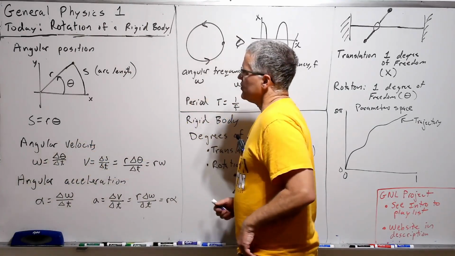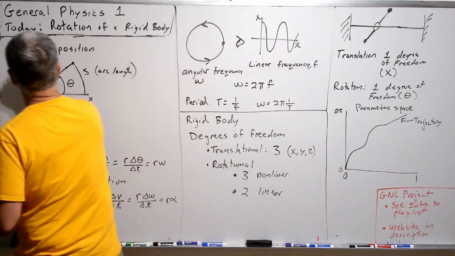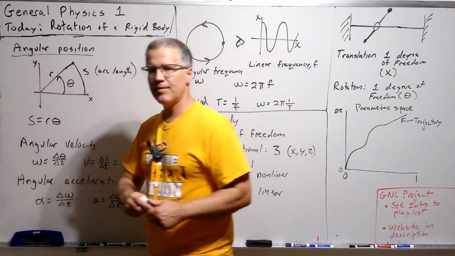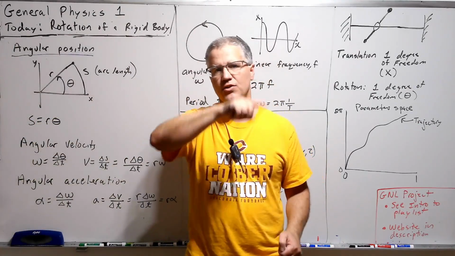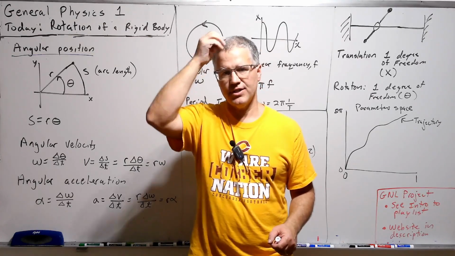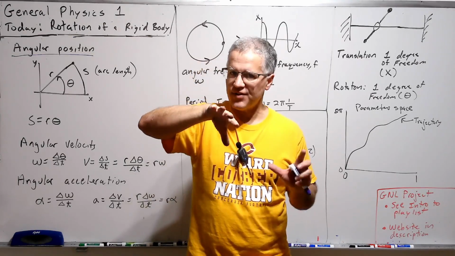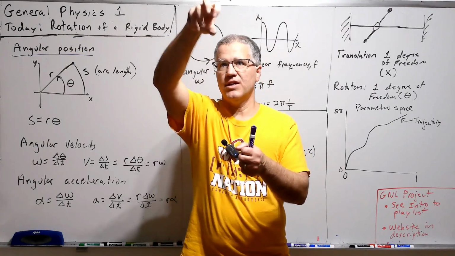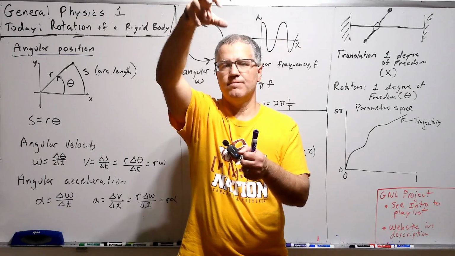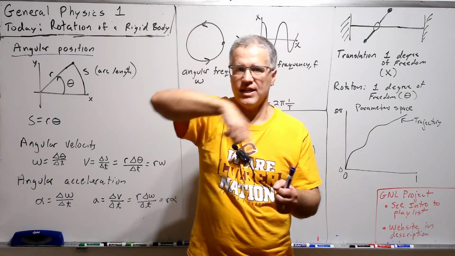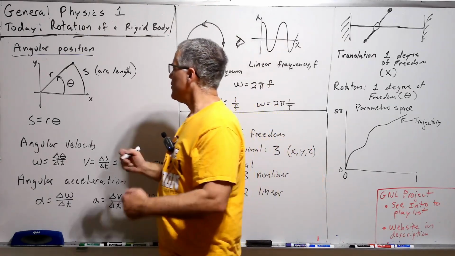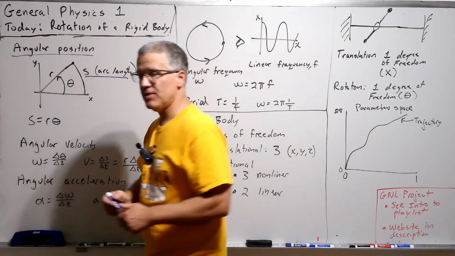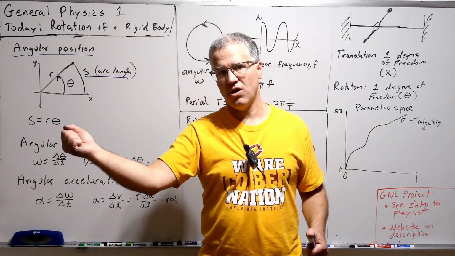Okay, so let's start by thinking about something that's undergoing circular motion. Let's just imagine a bead on a wire, or let's say we have a rod with a big ball on the end, and that's swinging around like this. We could talk about the displacement of that ball, right?